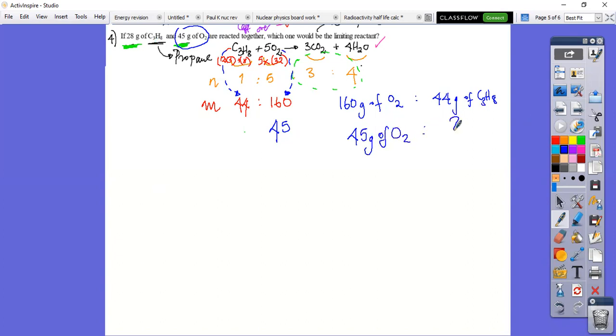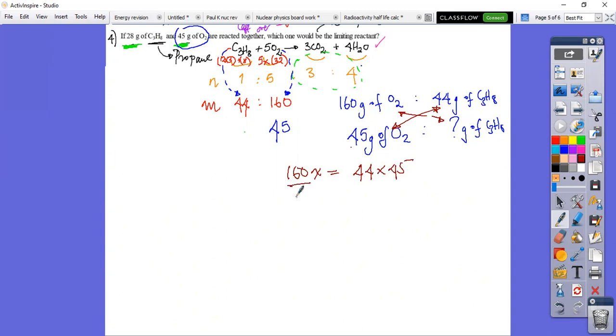I don't know, but I'll need a certain number of grams of C3H8 to go with 45. I can now use the mathematical trick of cross multiplying. If you wish, you can think about it that way. I have 160 times x, which I wish to find, is equal to 44 times 45.